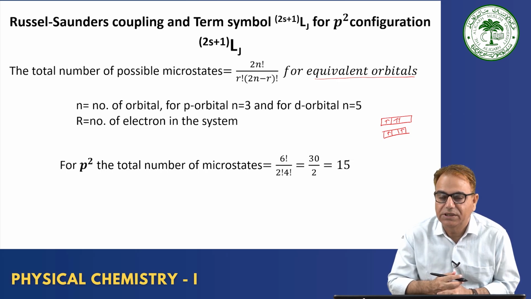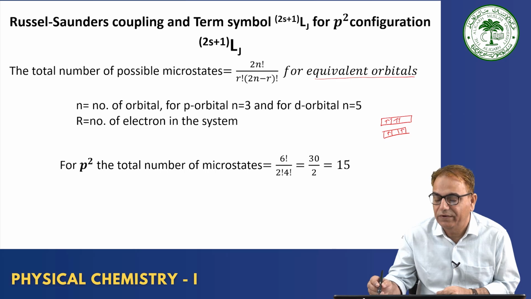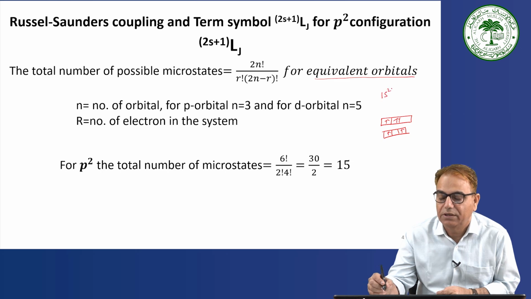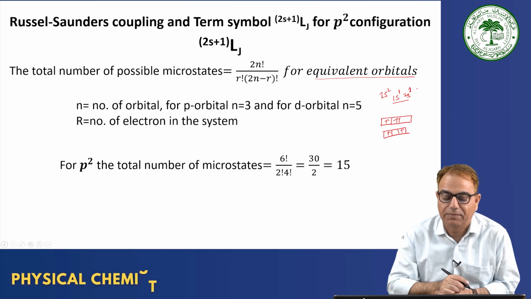And for equivalent orbitals, I just gave you an example of 1s2, the helium atom. If I excite one electron from 1s2 and it goes to 2s1, then there is only one electron here, and these two electrons, 1 and 1, are in different orbitals.